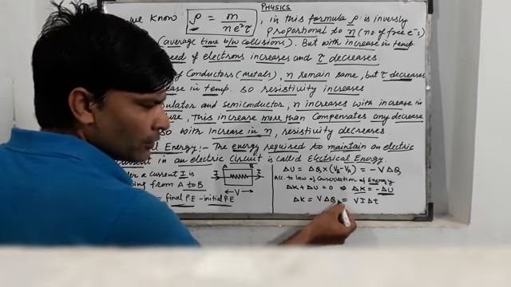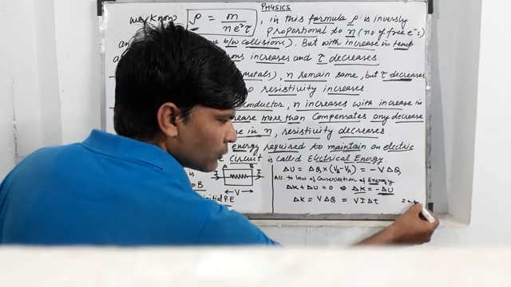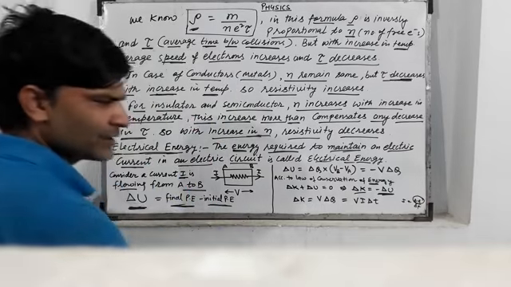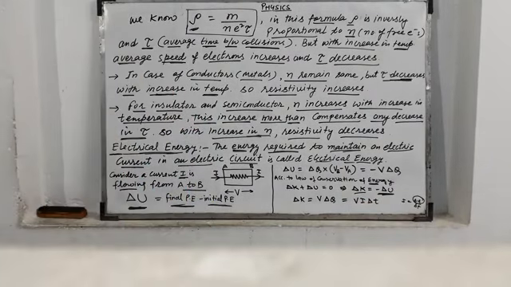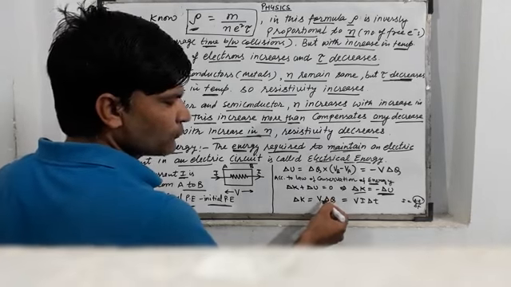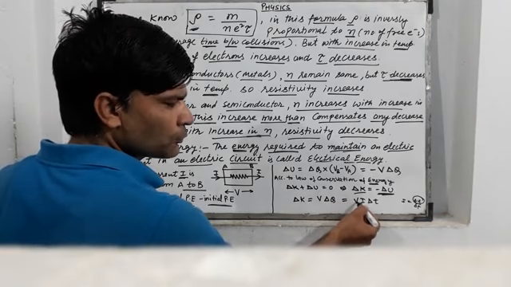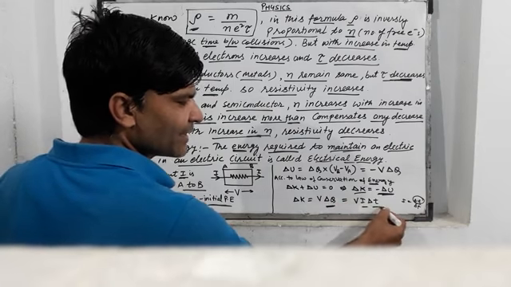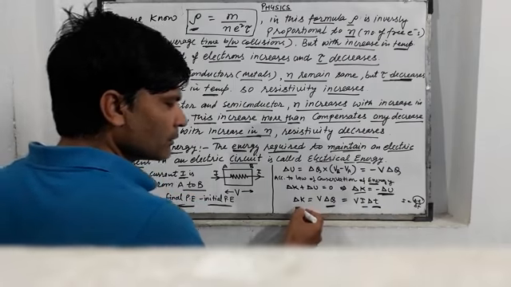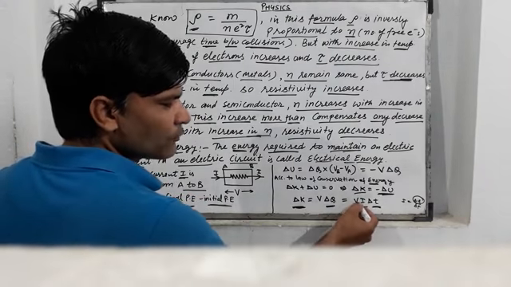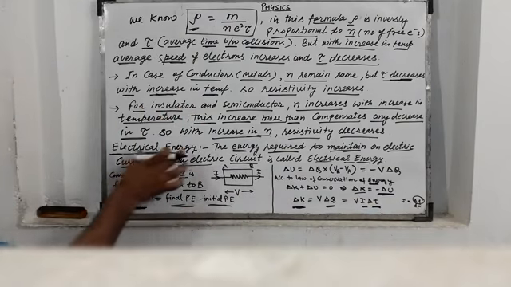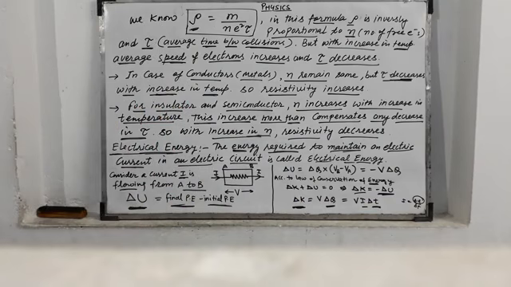Now we know that I equals delta Q upon delta T, so delta Q equals I into delta T. So delta K equals V delta Q equals V I delta T. So the kinetic energy is equal to V I delta T, and this kinetic energy is equal to electrical energy.